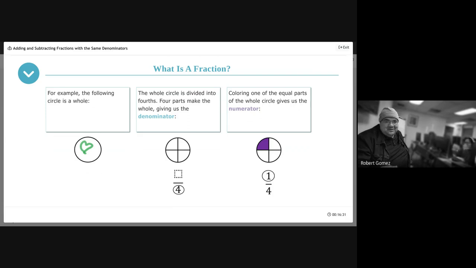Another way we can think about it, like I said before, is let's pretend that we have an ice tray, like an empty ice tray. There's nothing in it right now.